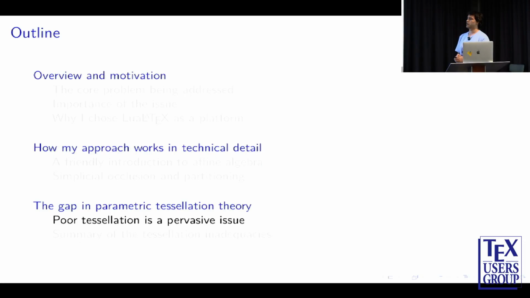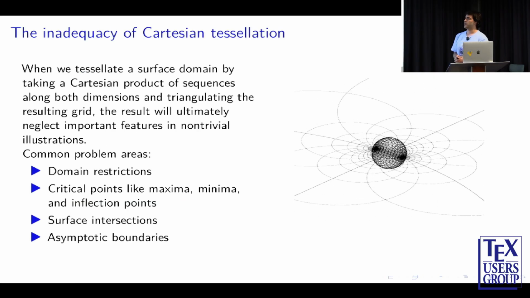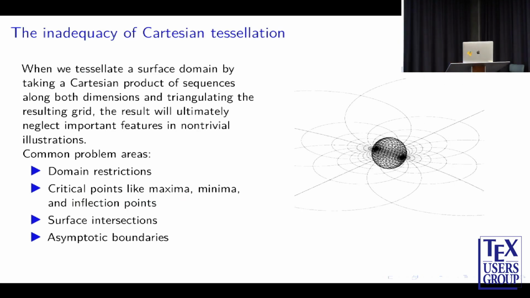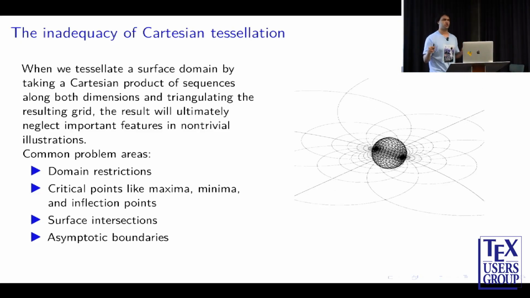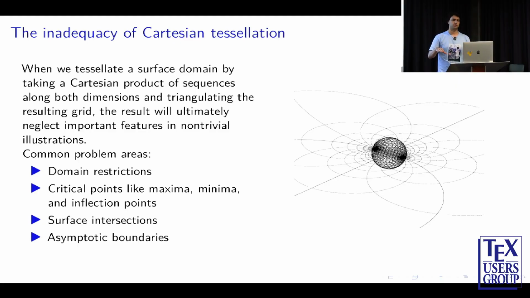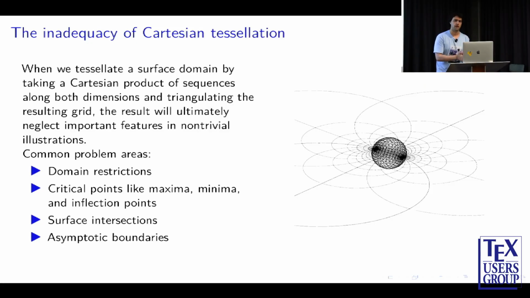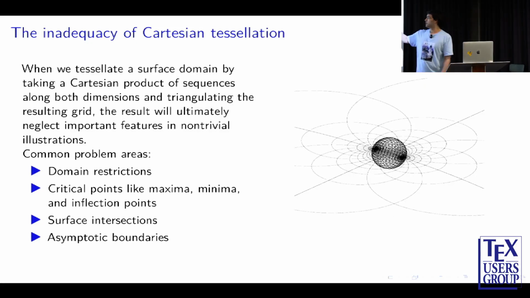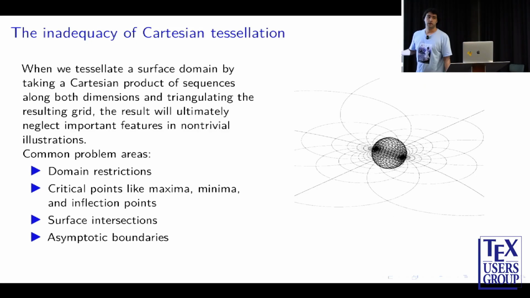Specifically, I am talking about domain restrictions and curvature. I express that in this form of language. Domain restrictions and curvature are the general way to put it, though. Currently, when we tessellate a domain, for instance for a surface, we will take a Cartesian product of samples along both domain dimensions, and then we will triangulate the resulting grid.